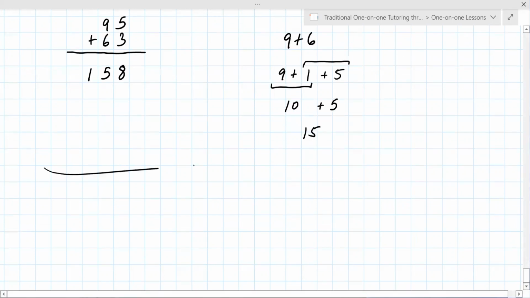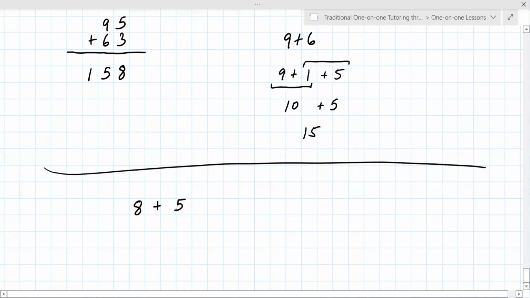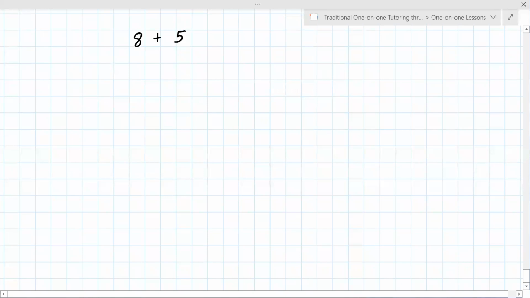Okay, so actually we do need to work on something else here. What is 8 plus 5? Okay, so I'm not sure how you're doing that. I would tell you to either break apart the 5 or the 8.